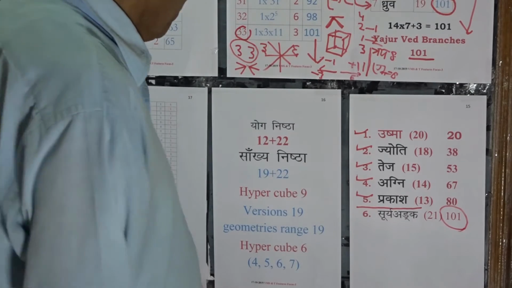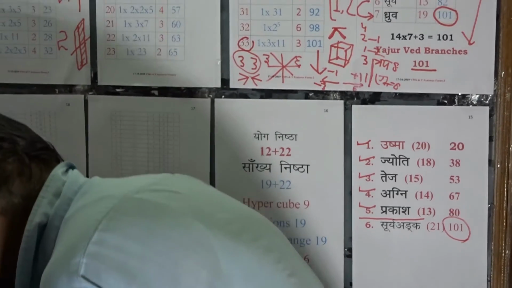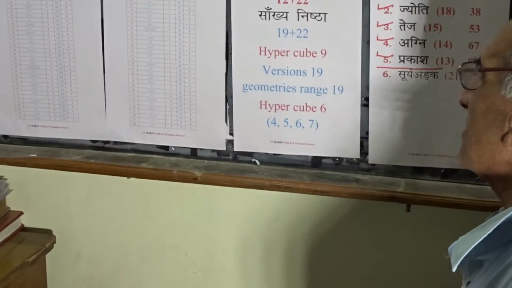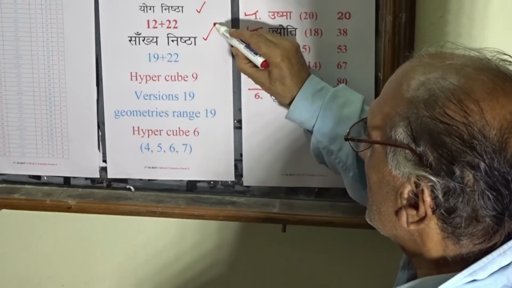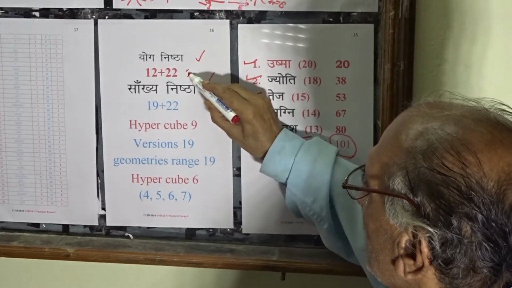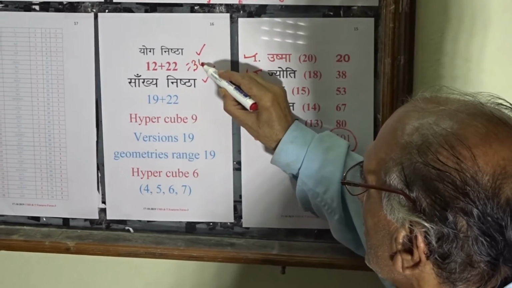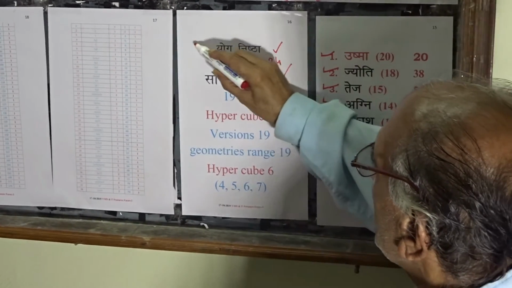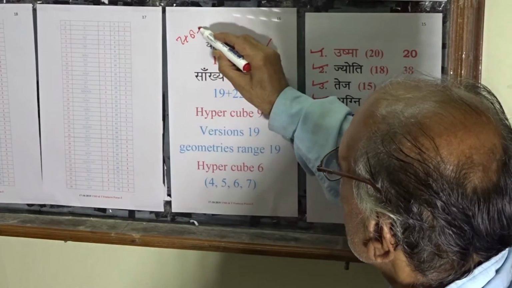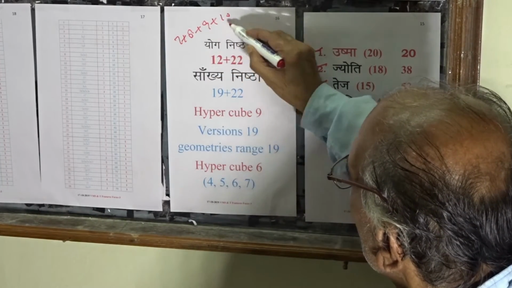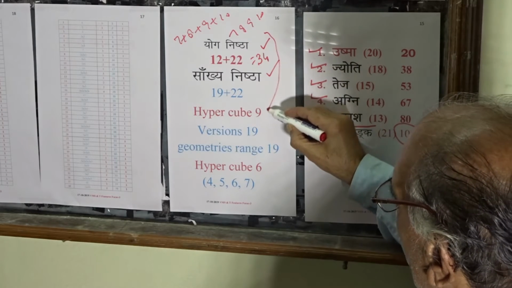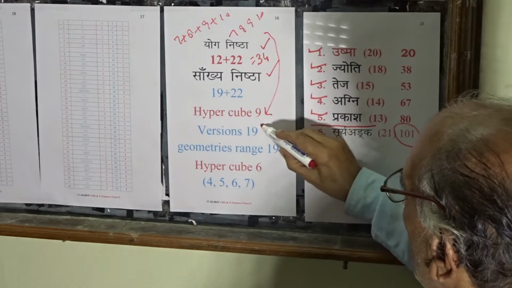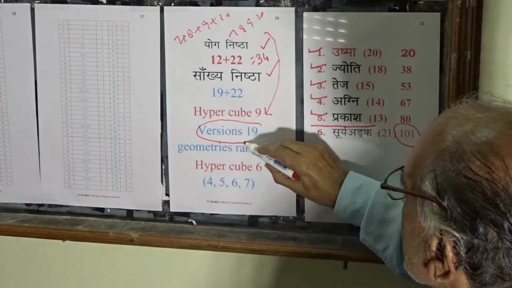Still further, we have to be face to face with the feature that the Vedic systems are having a parallel Yoga Nishtha and Sankhya Nishtha. Yoga Nishtha is of value 34, and value 34 we know is equal to 7 plus 8 plus 9 plus 10, which is parallel to fourfold manifestation layer 7, 8, 9, 10, and it is hypercube 9, and it is of 19 versions.